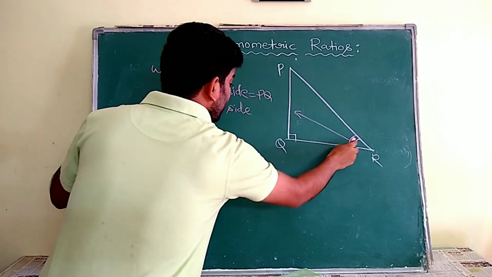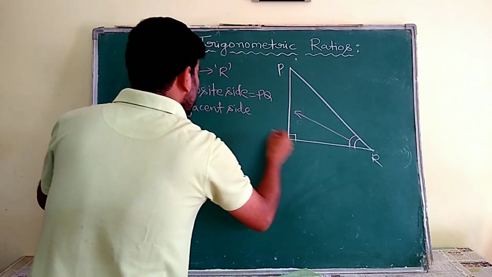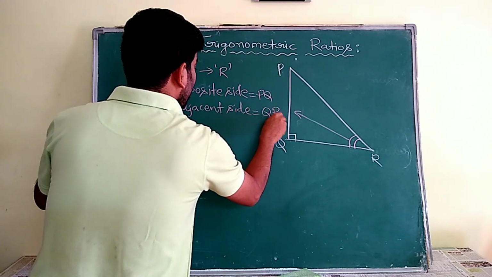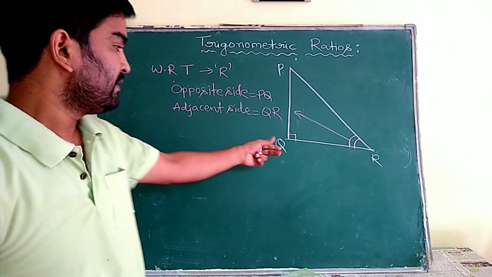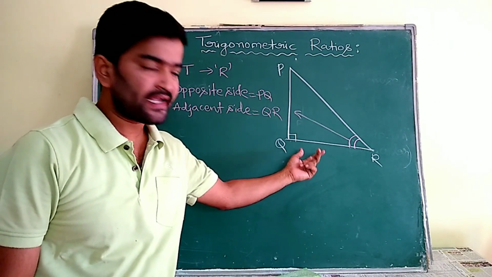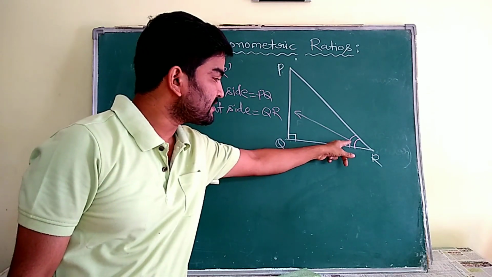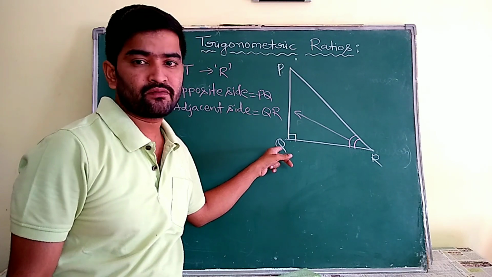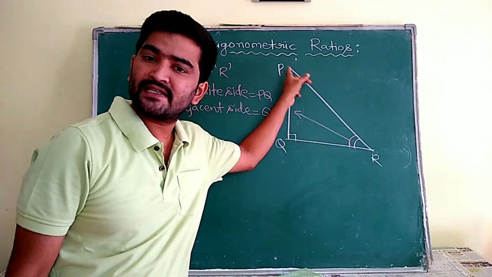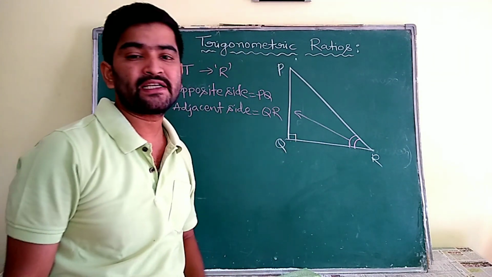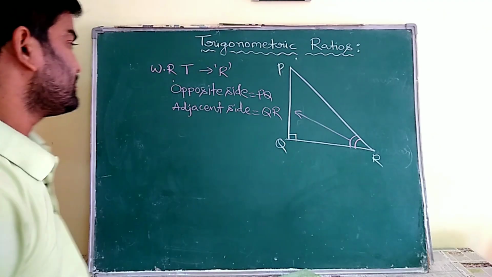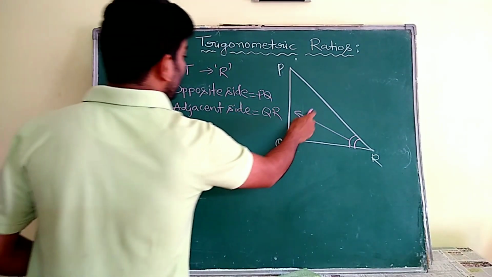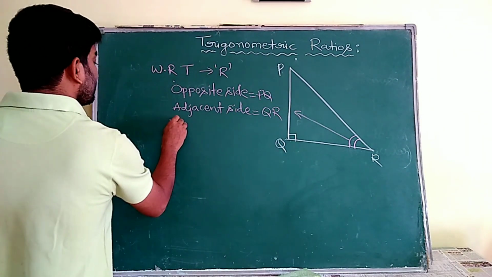What is the adjacent side to this R? It is QR. For identifying the adjacent side, just see that R is in between the sides PR and QR. We know the angle never lies on the hypotenuse, so QR is our adjacent side. The hypotenuse is always PR only.